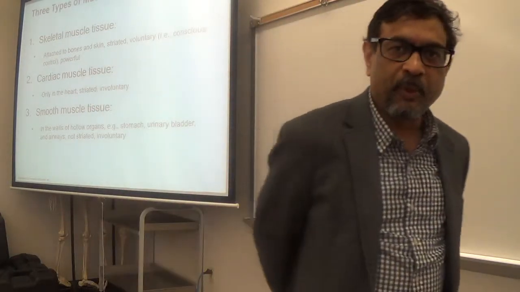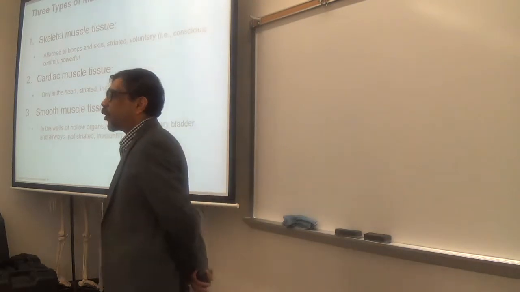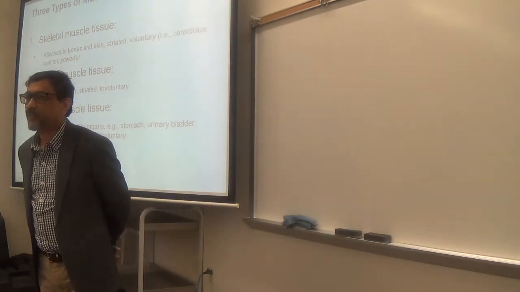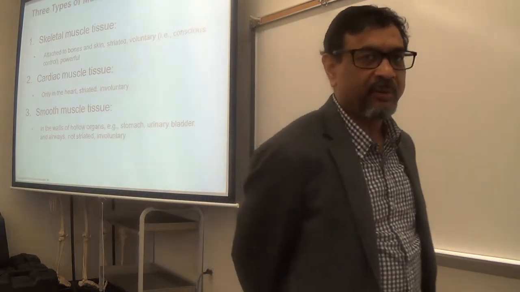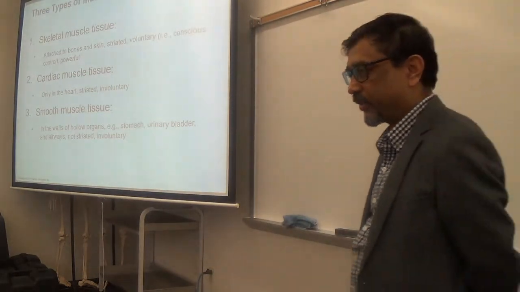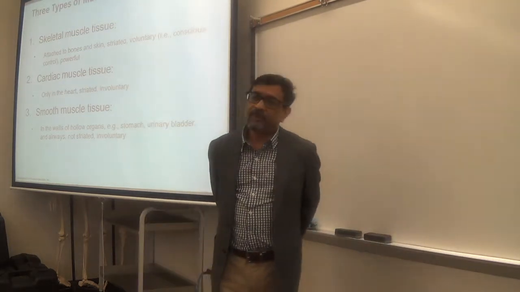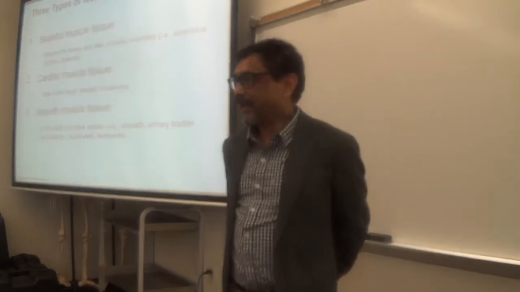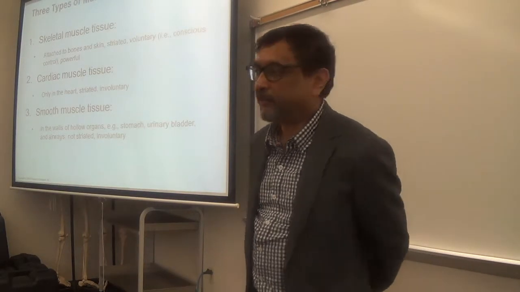In the wall of those tubes, you have smooth muscle. Also, in the wall of hollow organs, like stomach, urinary bladder, gallbladder, uterus. So those are three types of muscle tissues, and only skeletal is voluntary.